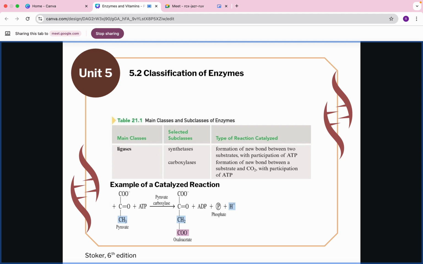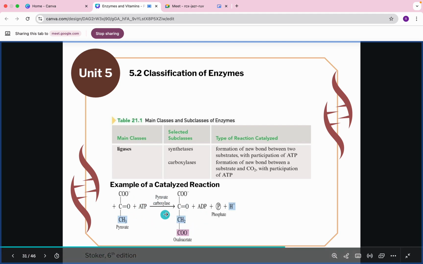Synthetase helps in forming a new bond between two substrates without participation of ATP. And carboxylases form new bonds between a substrate and carbon dioxide with participation of ATP.